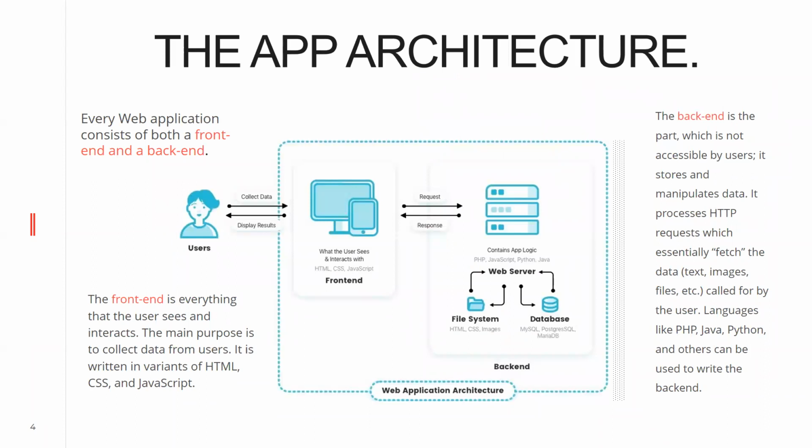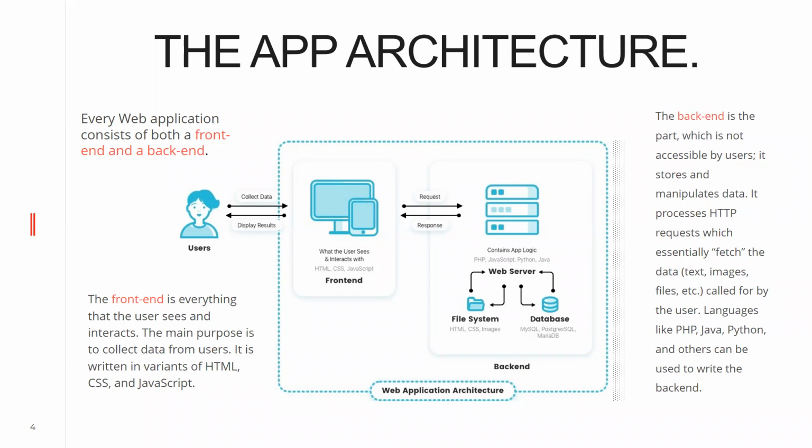So let's look at what an application constitutes, what the basic architecture of an application is. We're taking web applications for reference here. What are the elements in your web application? Any application you take, there are majorly two elements: one is your front end and one is your back end.